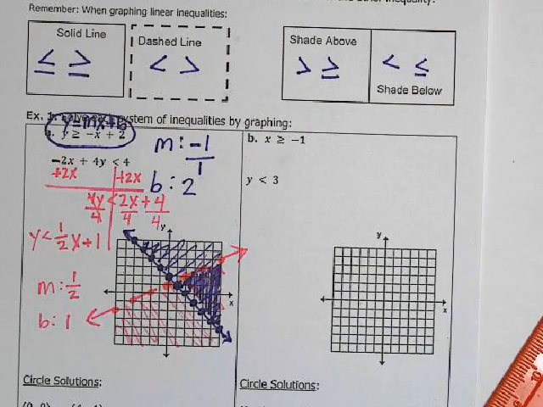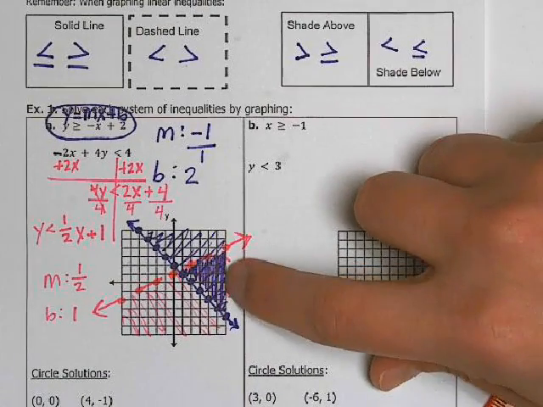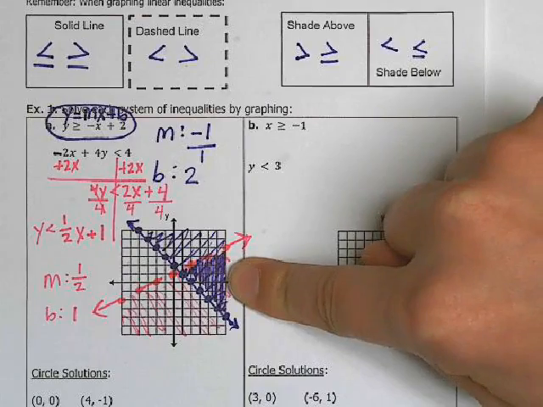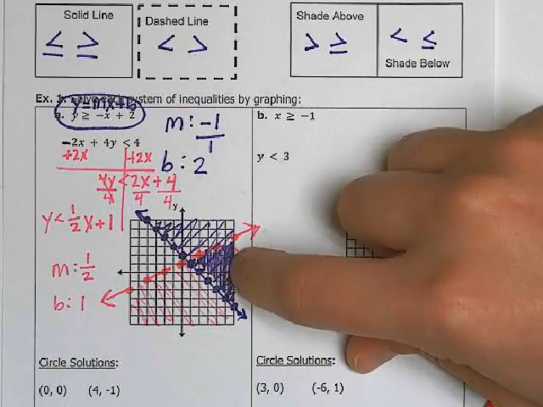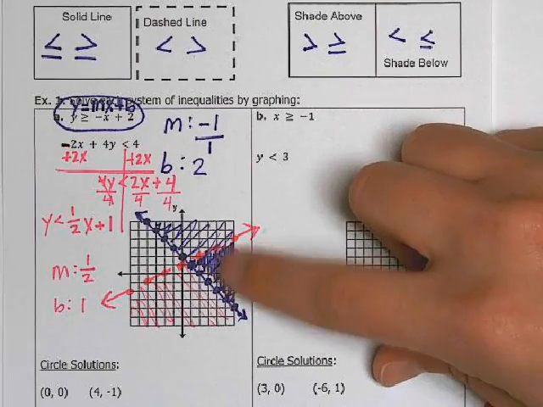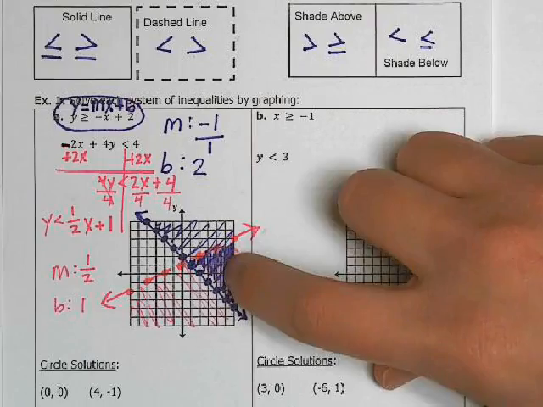You still need to be able to see the graph. And this area that's in the double shaded region, that's what I call it, double shaded region, that is your solution area. Okay, so because we're talking inequalities, our solution is not where the lines cross. Now it's where the shading crosses. Not where the lines cross, but where the shading crosses.